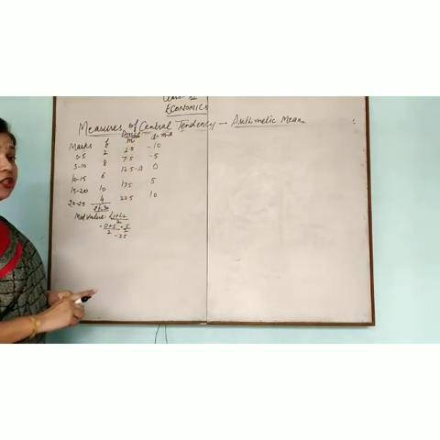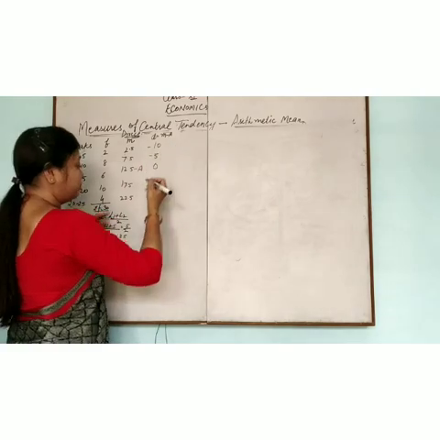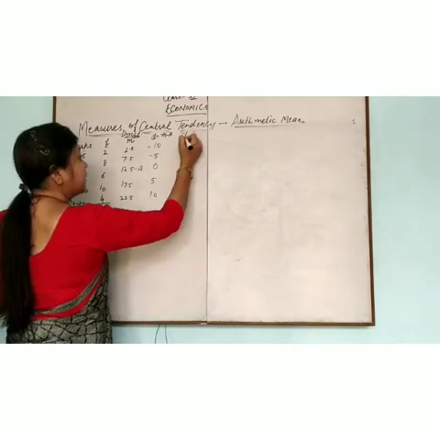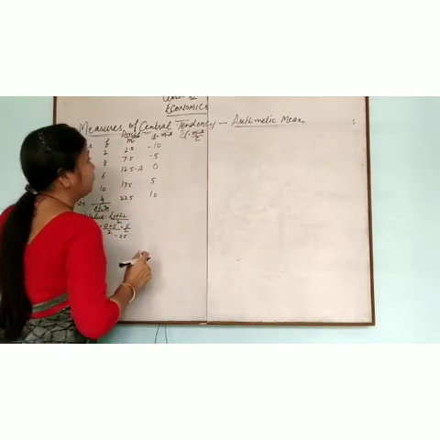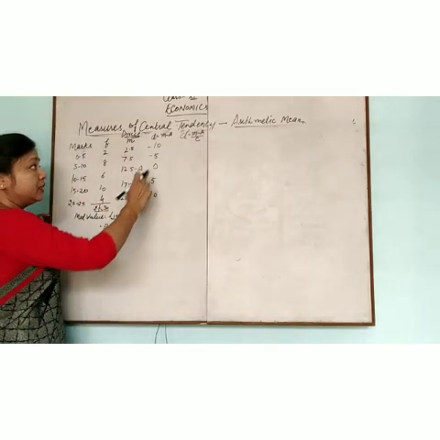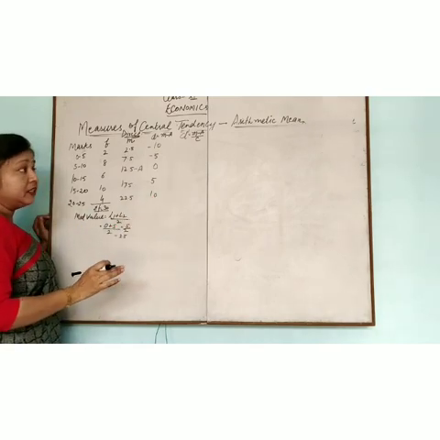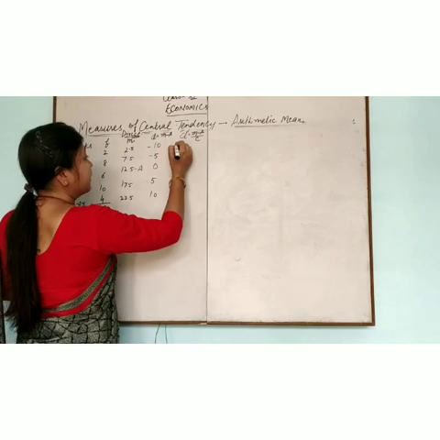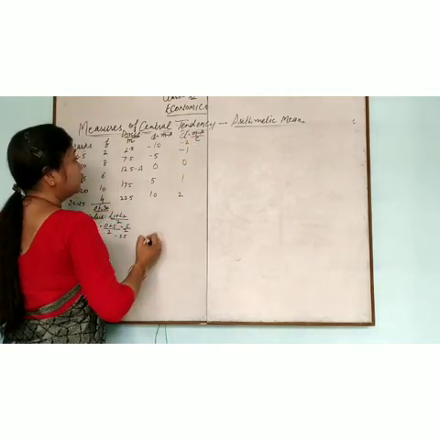The deviation is equal to m minus a. Then the step deviation d dash is equal to m minus a upon c, where c is the common difference. Here the common difference is 5, so we will divide these values by 5: minus 2, minus 1, 0, 1 and 2.